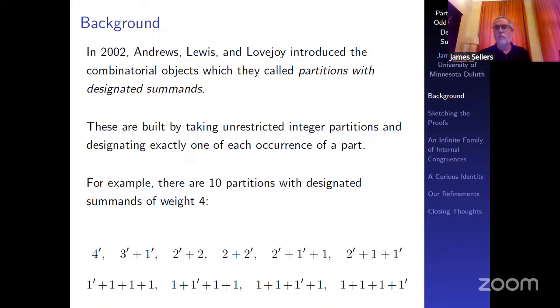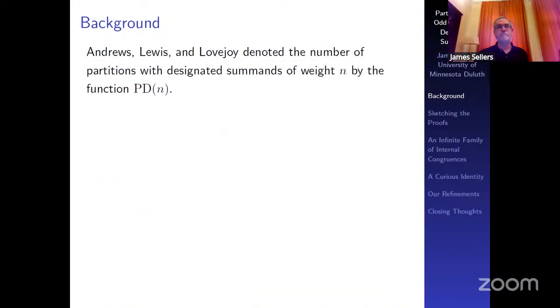So again, with the 1, 1, 1, 1, we actually could mark the first one, the second one, the third one, or the fourth one. So these are indeed different than over partitions. Clearly, they're related somehow, but they're very, very different in many respects. So in that paper of Andrews, Lewis, and Lovejoy, they denoted the number of these partitions with designated summands of weight n as PDn.